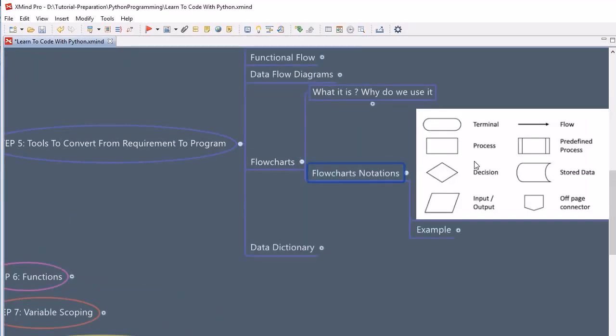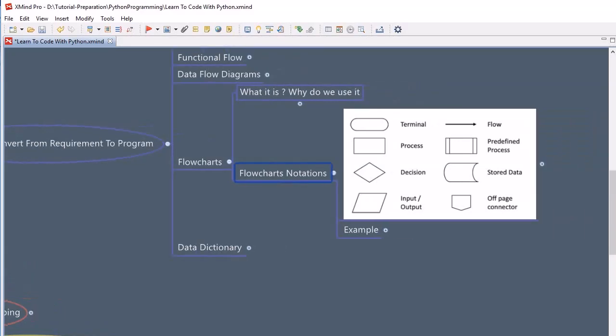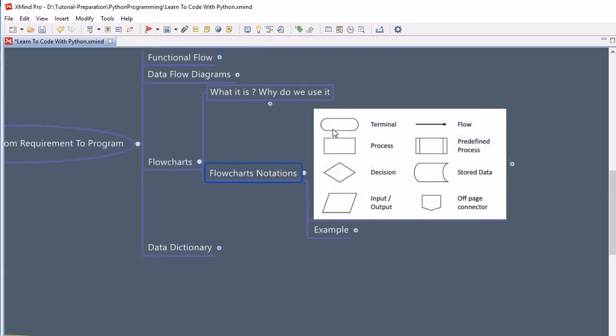These are the notations you should remember: how the process gets started, and how we represent the terminal, like the start and stop of the program. It is represented by a start symbol, and then processes are represented by a square box.